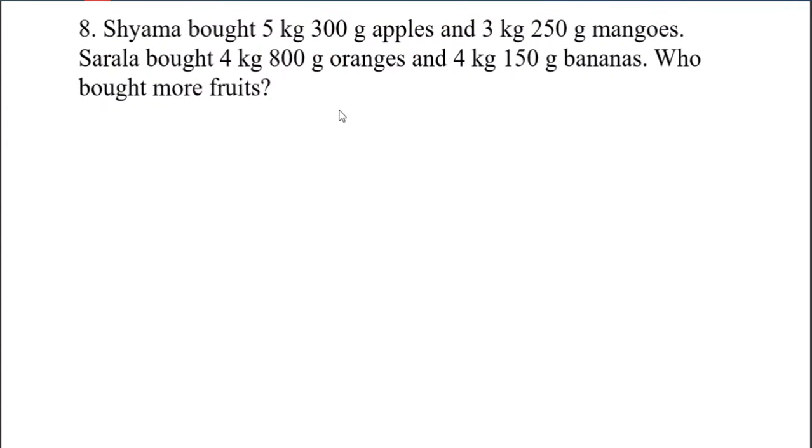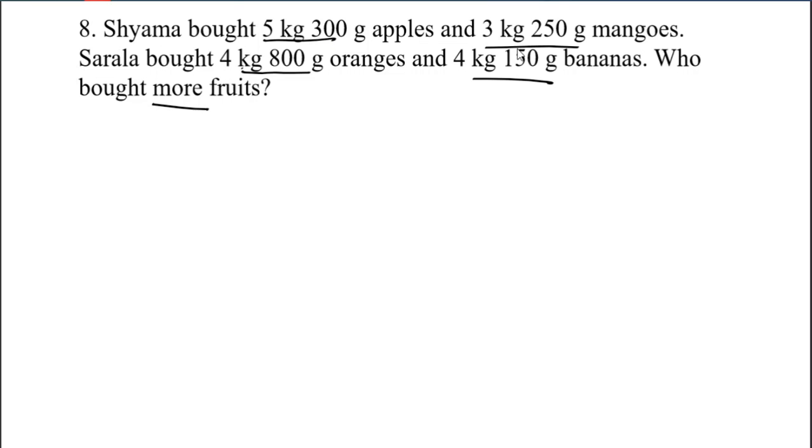Next, 8th one. Shyama bought 5 kgs 300 grams apples and 3 kgs 250 grams mangoes, whereas Sarala bought 4 kgs 800 grams oranges and 4 kgs 150 grams bananas. Who bought more? More means compare these two.